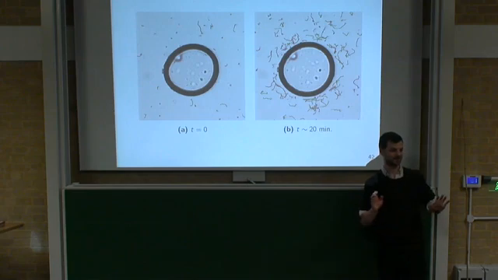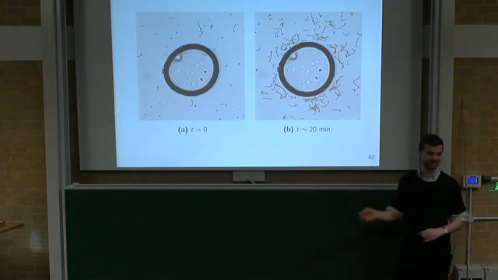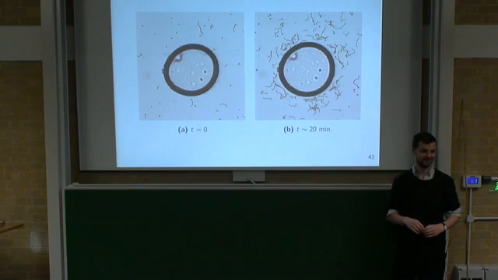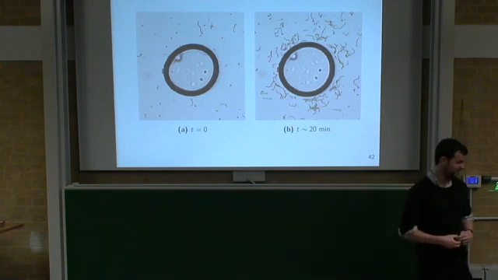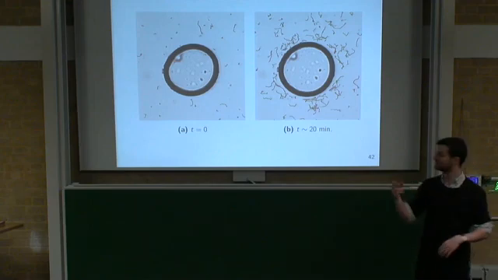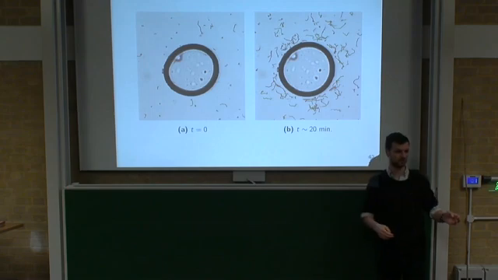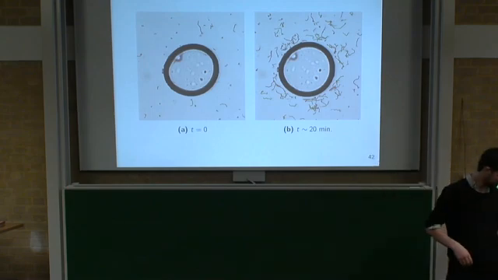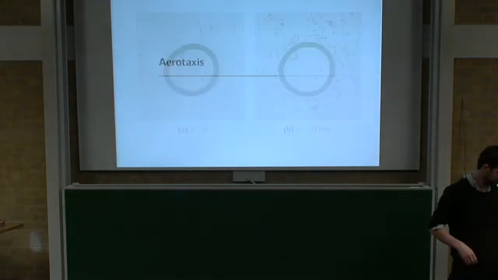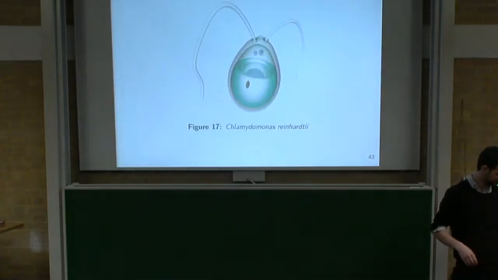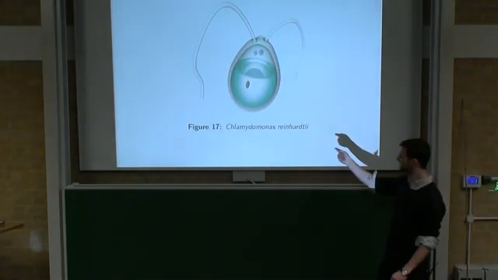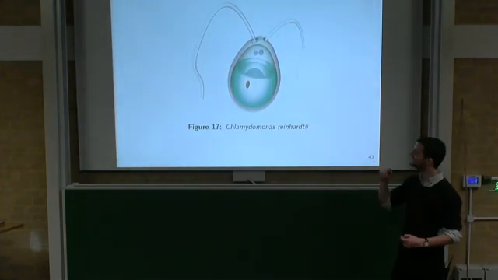That could say something about them wanting to get close to oxygen. It could also say something else, maybe a surface tension explanation. We weren't quite sure. I'll tell you what we ended up doing in a second. But first I want to just quickly talk about Chlamydomonas.